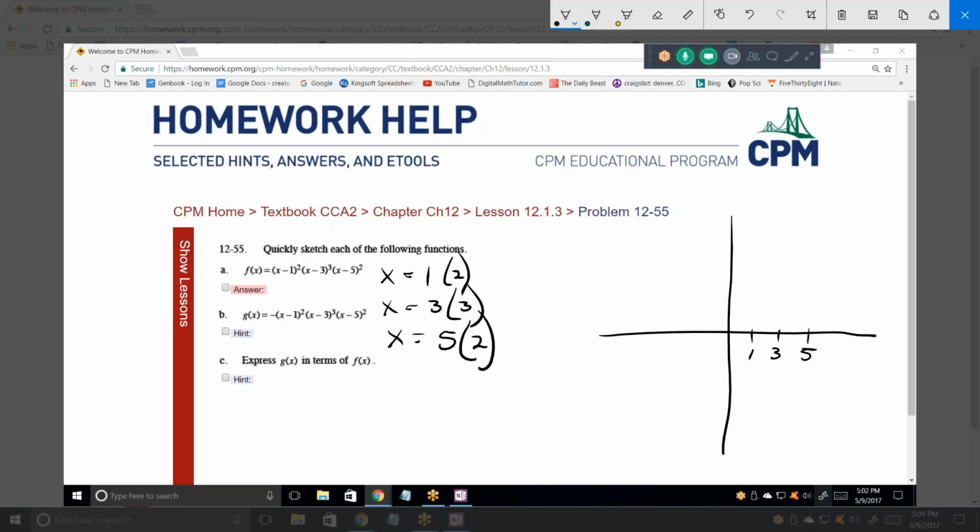Now notice this is almost identical to the previous one, only there's a minus sign in front of everything. What would you expect this to be, my black curve or my green curve? Oh, the black one. Yeah, definitely. And we can check just one point.